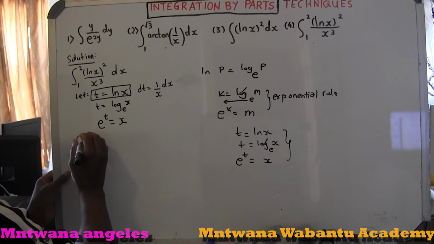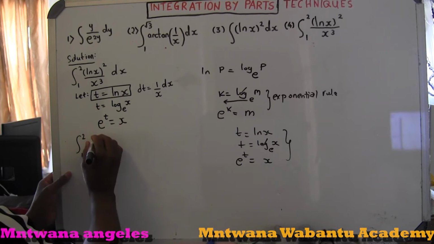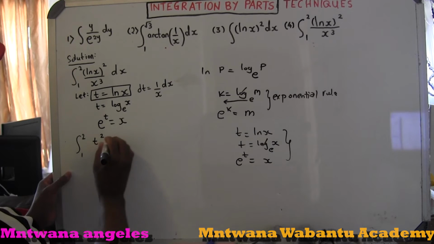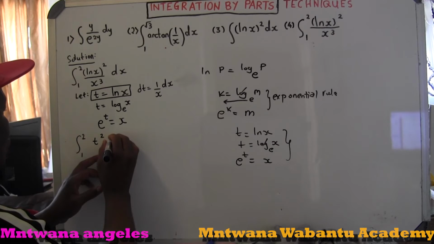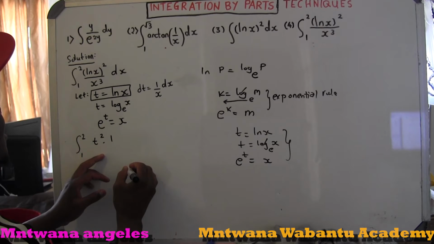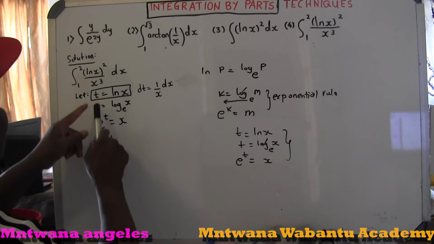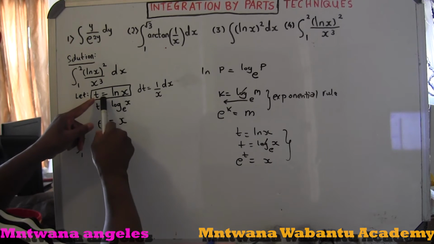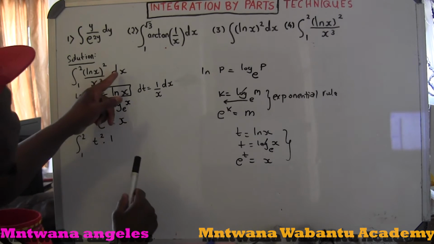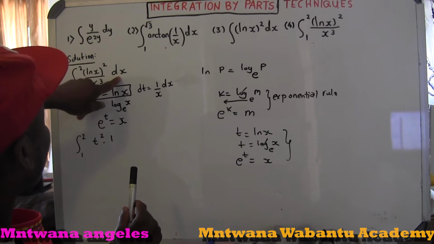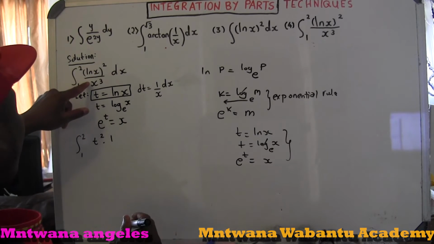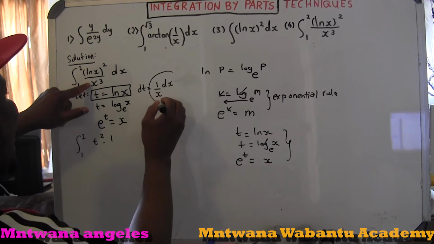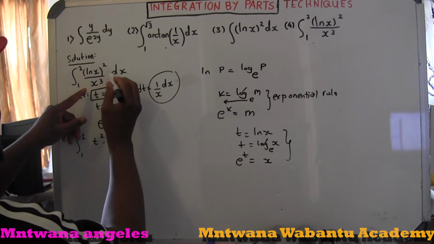Okay, the integral from 1 to 2 of ln of x, which is equal to t, squared. What is dx? Oh, ln of x equals t, but there is a square, dx. Okay. And then dx over x means this.